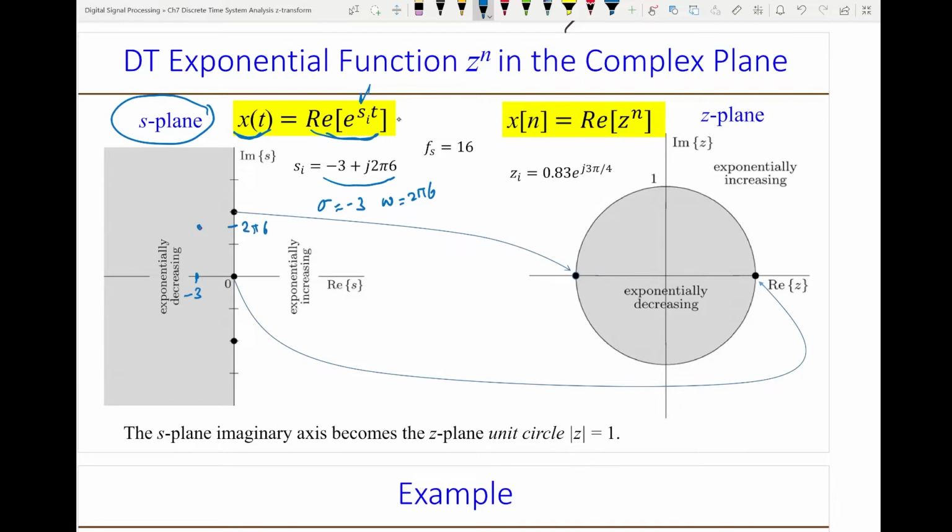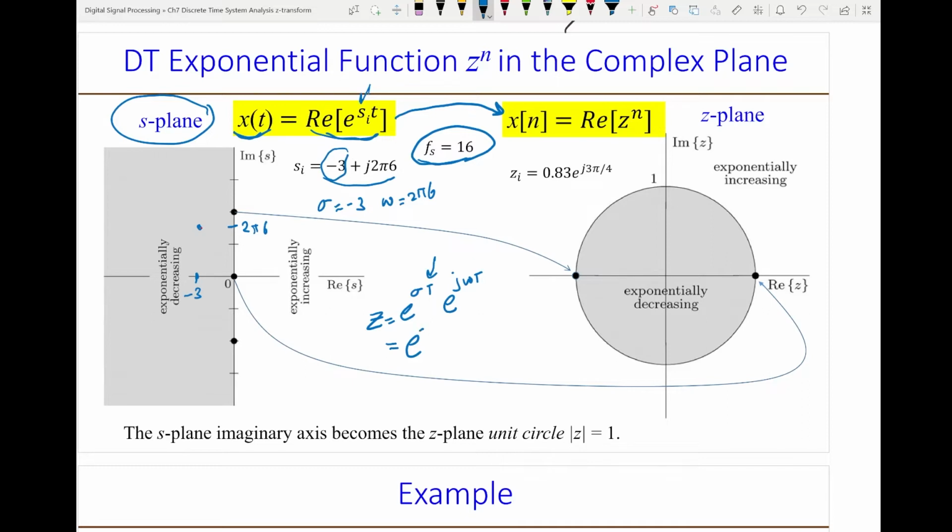Now, if I sample this signal to get the discrete signal with sampling rate f s of 16, then z will be e to the sigma T times e to the j omega T. And sigma is -3, and the sampling interval is 1 over 16.